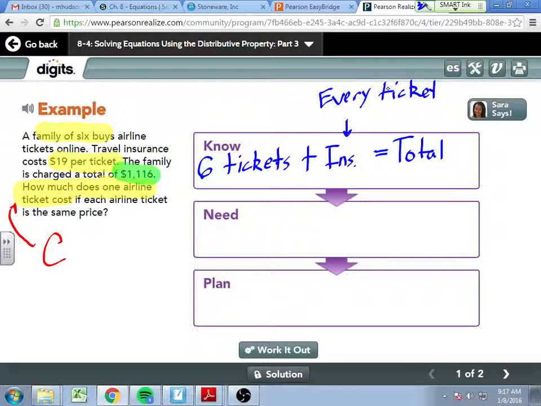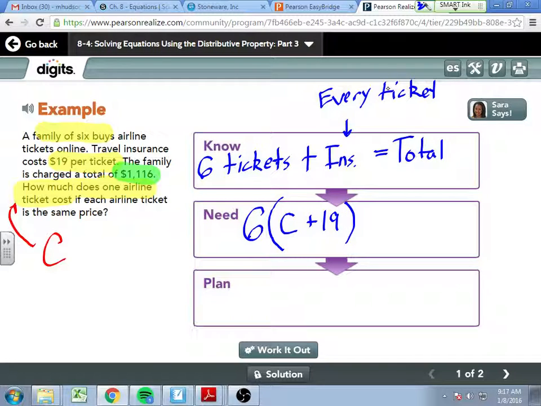Wouldn't you put the C in the parentheses and then put 6 plus the insurance? You got to flip 2 of your things around. We're going to buy 6 tickets, but each ticket has the ticket cost and the insurance. So we have to do the ticket cost and the insurance.